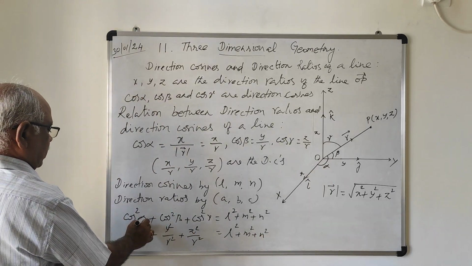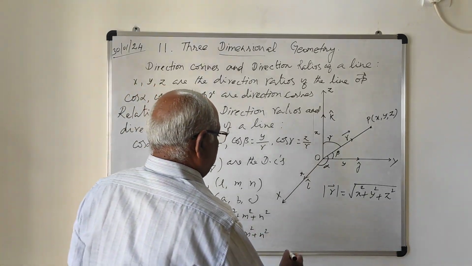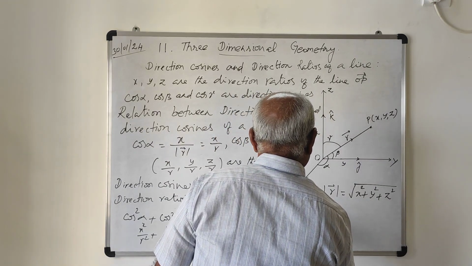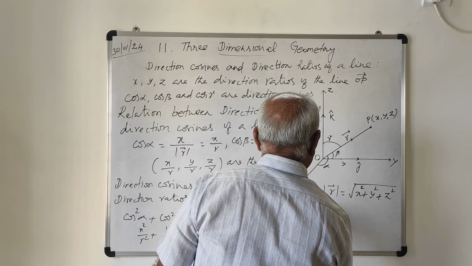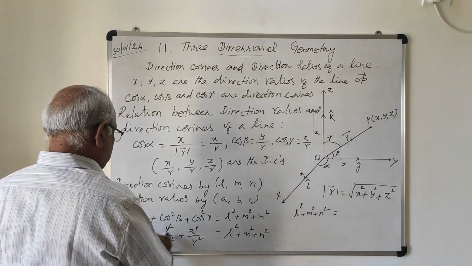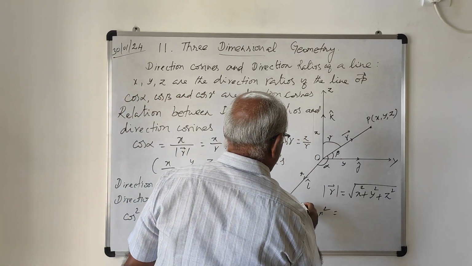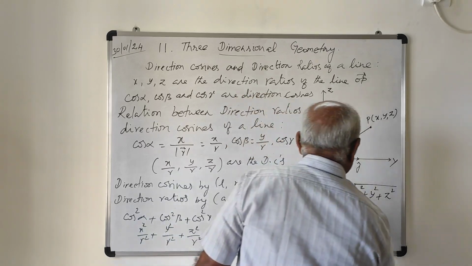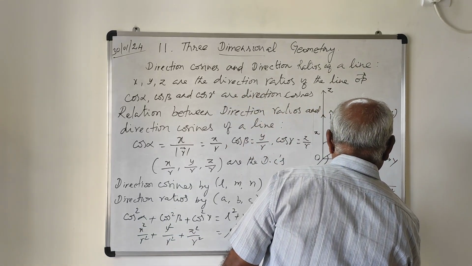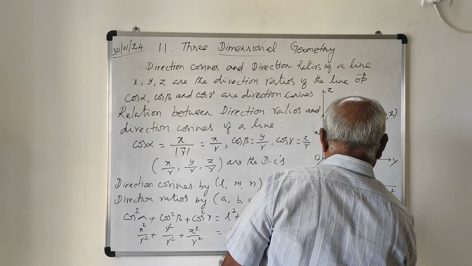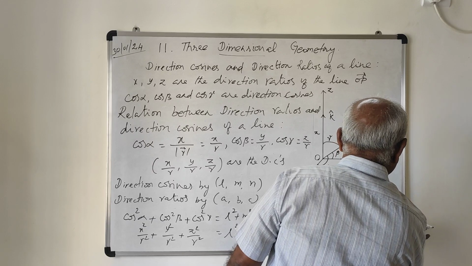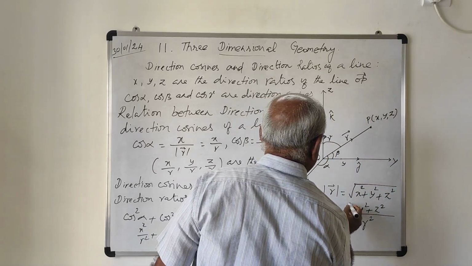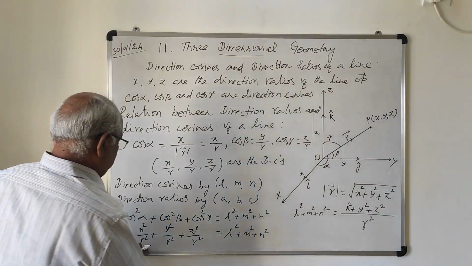So from this you can take the common denominator. Taking the common LCM as r square, you get x square plus y square plus z square by r square.